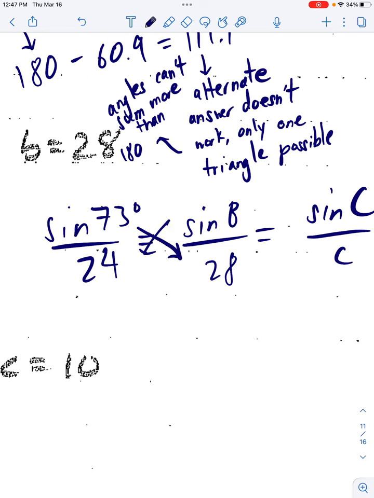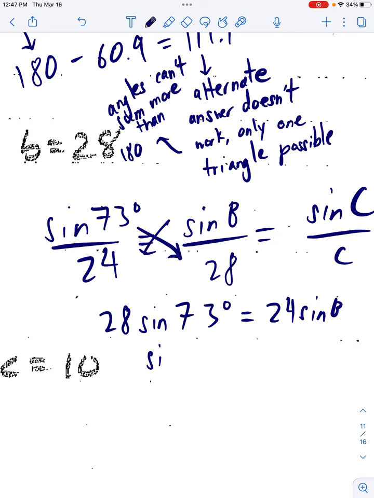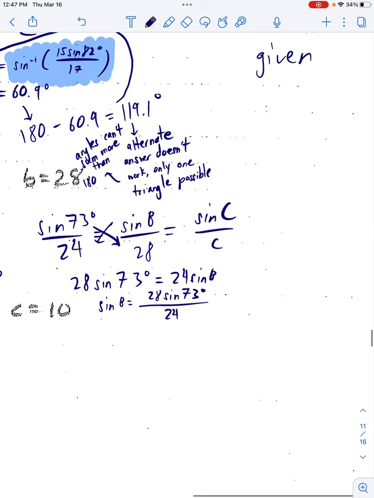Let's cross multiply, so we get 28 sine 73 degrees equals 24 sine B, or sine B equals 28 sine 73 degrees all over 24, or just B equals inverse sine of 28 sine 73 degrees all over 24.